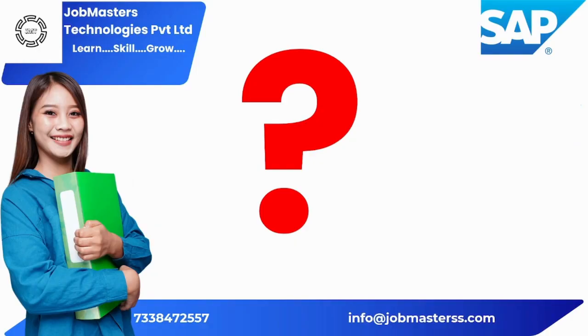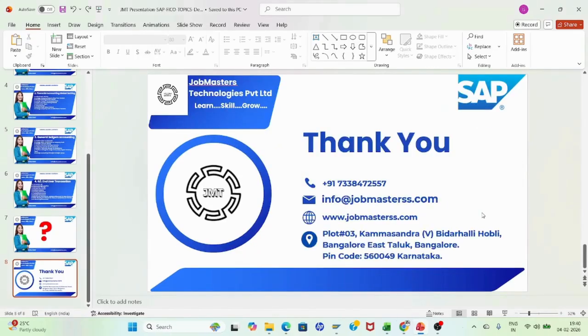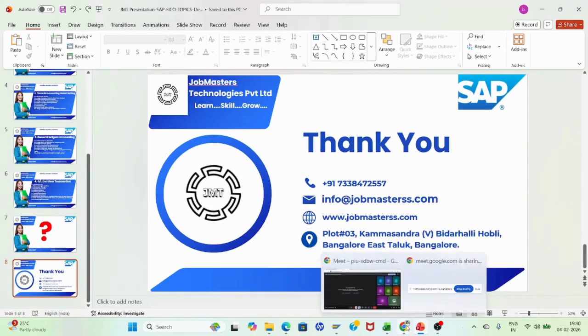Now we are going to discuss the topics we will cover at the general ledger level, accounts payable, accounts receivable, asset management module, taxation, and banking and cash accounts. Now we have discussed all the topics under general ledger accounting.